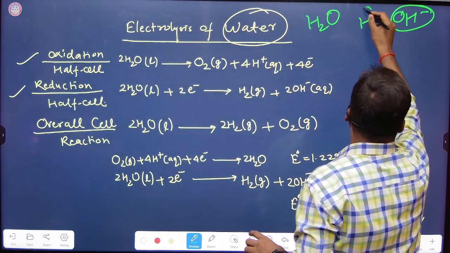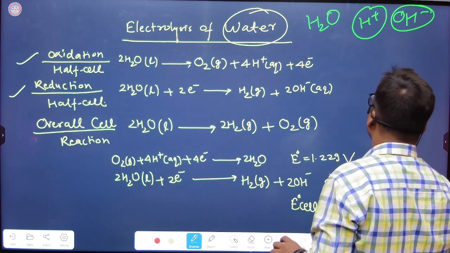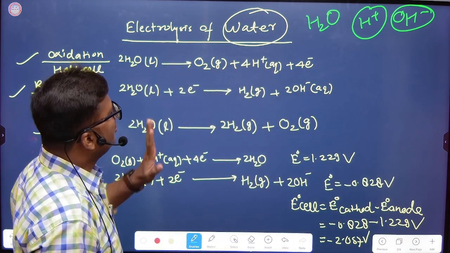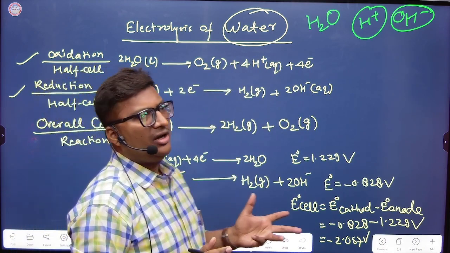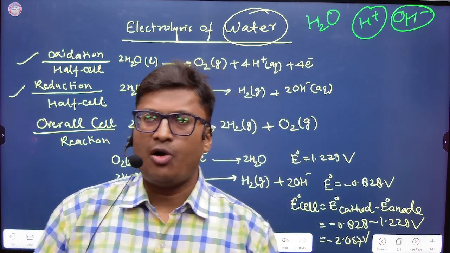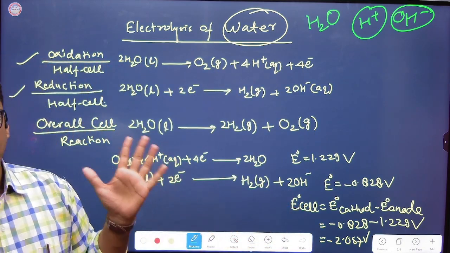Because of the presence of H plus and OH minus, we can electrolyze the water, and after electrolysis of water, the main products obtained are hydrogen gas and oxygen gas.